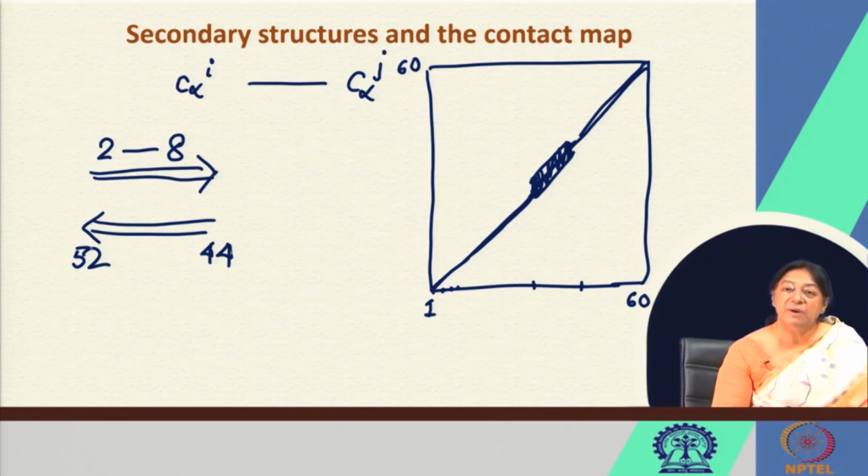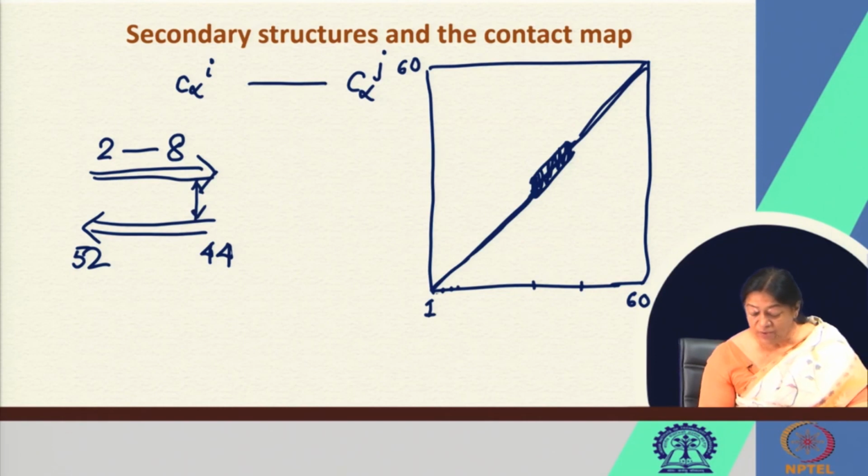We know we have hydrogen bonding patterns between them. So, say 8 is close to 44. I would plot 8 somewhere around here, close to 44.